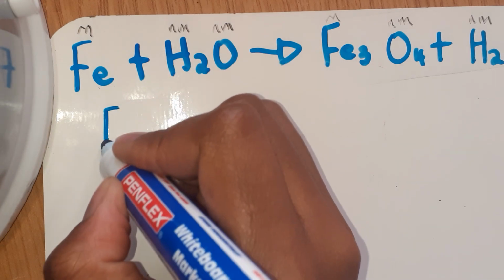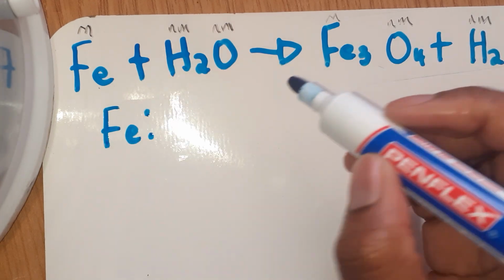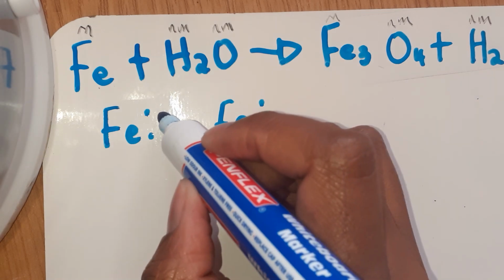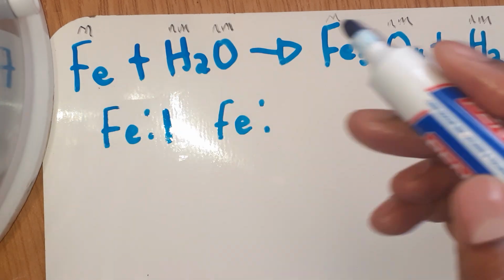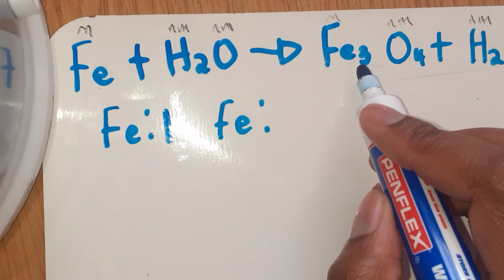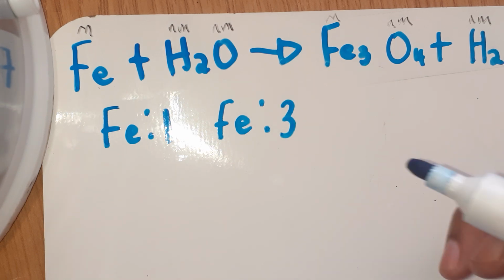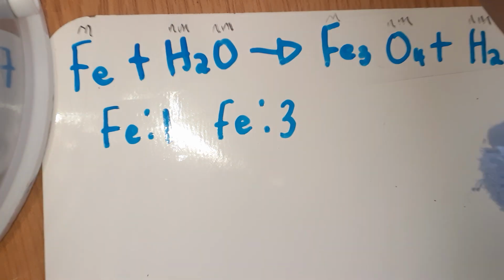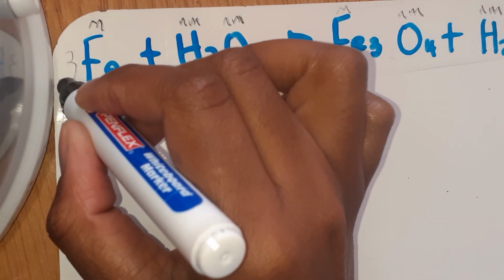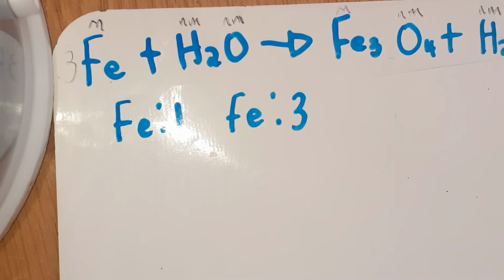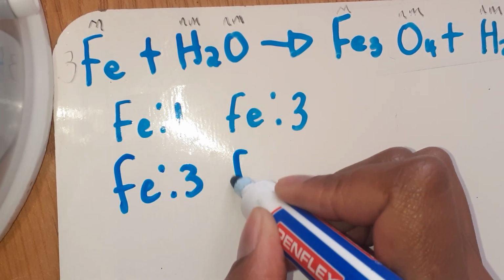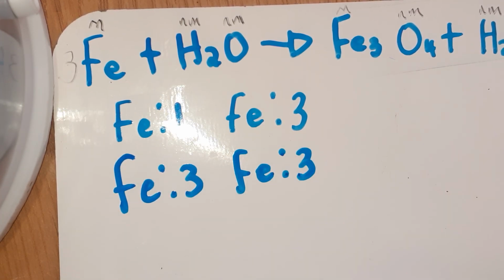So for this, we have Fe and Fe as those metals. Here the coefficient is 1, and here the coefficient is 1 times this 3, we have 3, and they do not balance. So we are going to add 3 there, so that we can have Fe as 3 and Fe this side as 3.